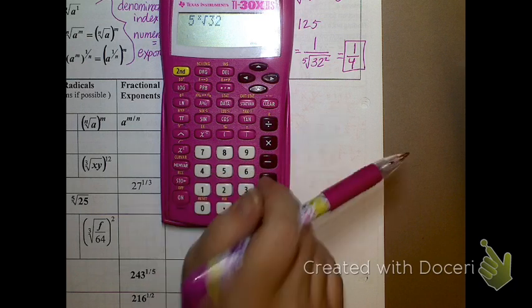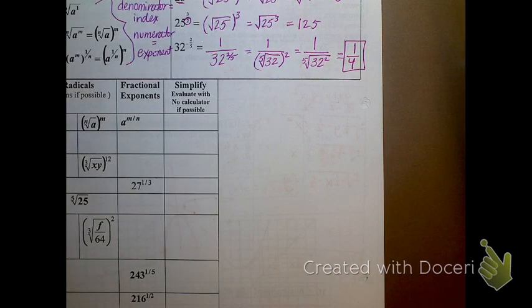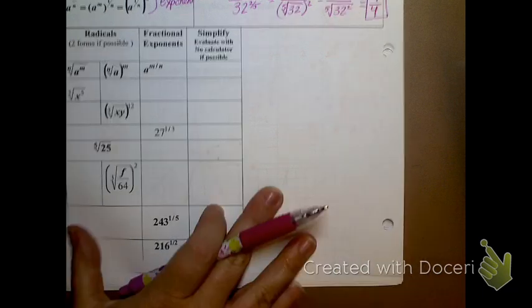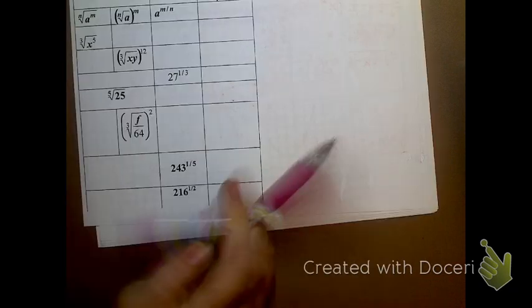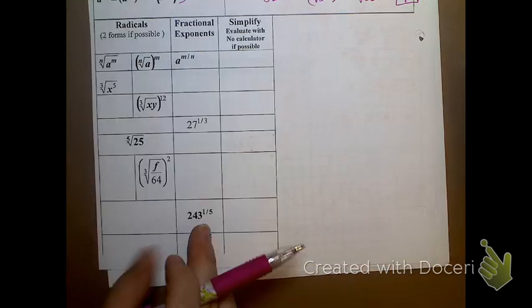Okay? All right. So for the most part of this lesson, we are going to be going back and forth from radical form to exponent form based on what's given to us here. So it's basically written as a chart, and we're going to just fill in the blanks of this chart. Okay? So here is our first example, all with letters.